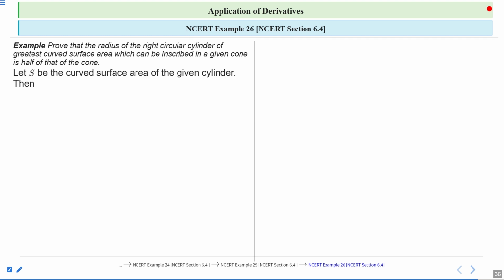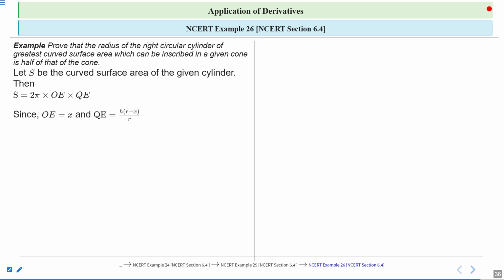So let S be the curved surface area of the given cylinder. Then S will be equal to 2 pi into OE into QE.